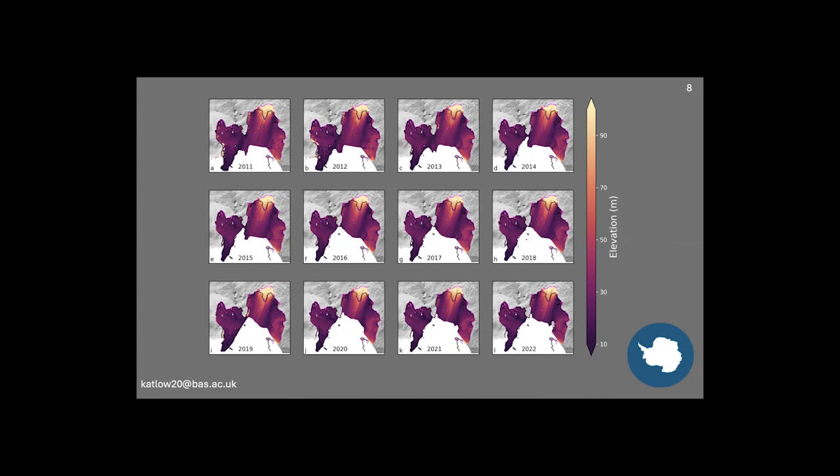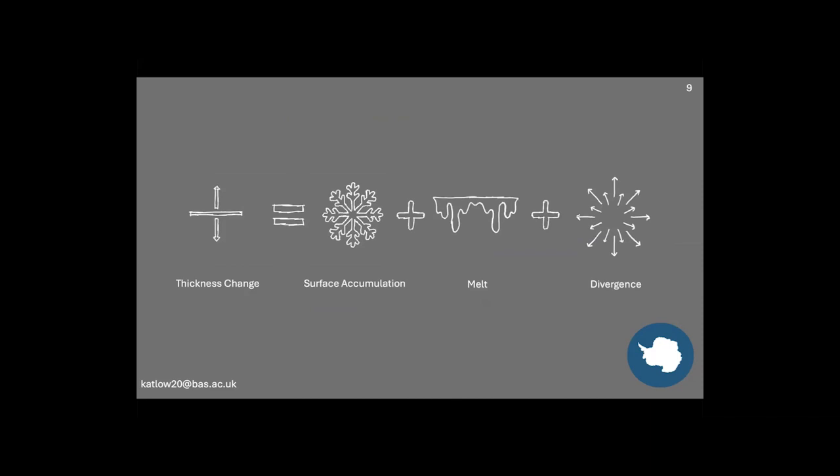And so once we've created these, to get from our elevation maps to melt rates, we do a fairly simple calculation. We convert our elevation to thickness by, again, assuming this hydrostatic equilibrium. We're doing this in a Lagrangian framework. So we calculate the thickness change of a single bit of ice, accounting for its advection over a year.